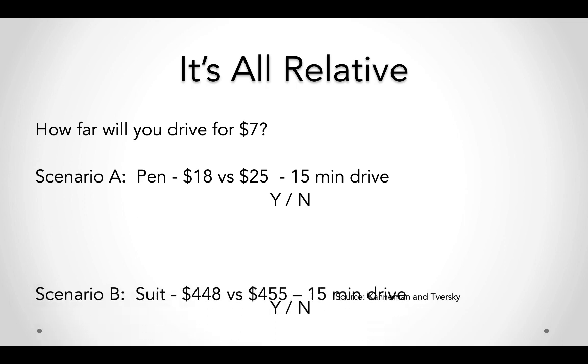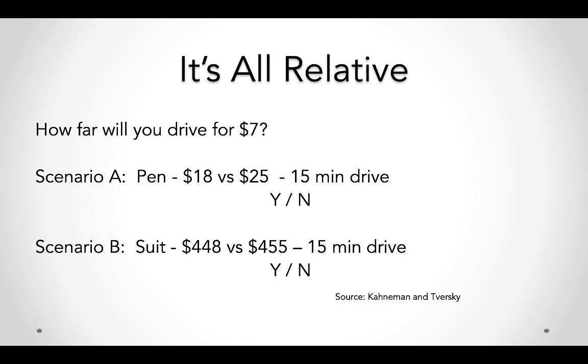Or scenario B, you saw a suit advertised in the store for $455, but the helpful store clerk is telling you that the same suit is $7 less downtown, a 15-minute drive. Would you take it? Would you go downtown or not?